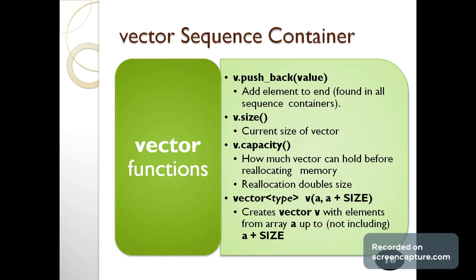Then push_back(element value) adds the element to the end. v.size() will do what? It gives the current size of the vector, and v.capacity() will give you how many elements you can store inside that vector.